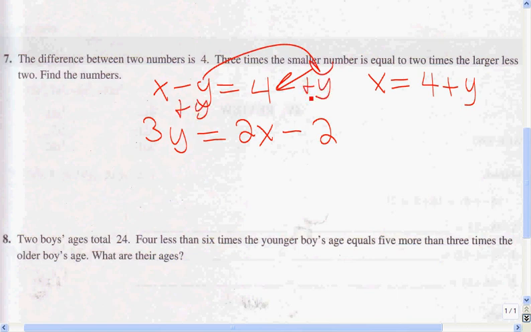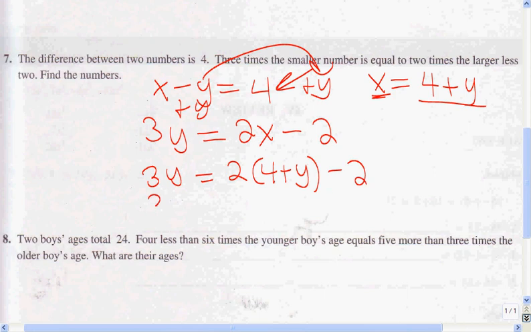Okay. I'm going to substitute. Wherever I see x, I'm going to write 4 plus y because x is the same as 4 plus y. So 3y equals 2 times 4 plus y minus 2. 3y equals, distributive property, 2 times 4 is 8.